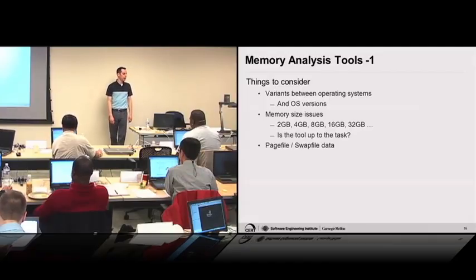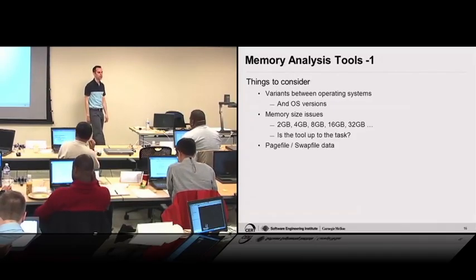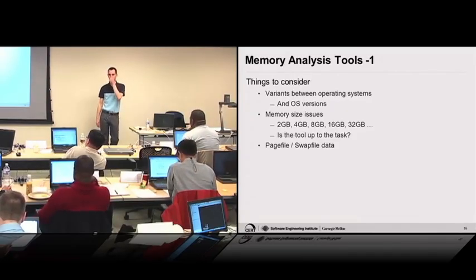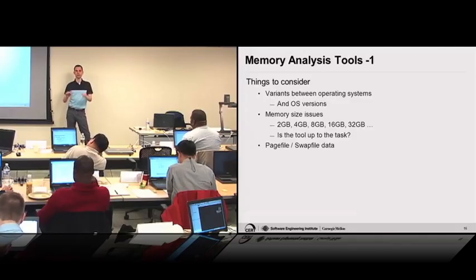So now we're going to get more into the analysis tools. Some of the things to consider is the variance between different operating systems. This becomes important when you're dealing with different variants of Windows. The way that they allocate and handle memory and their structures are all a little bit different. Sometimes you are going to have size consideration issues.